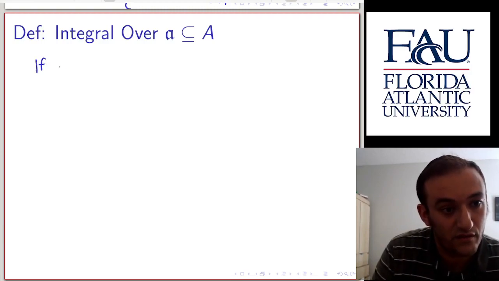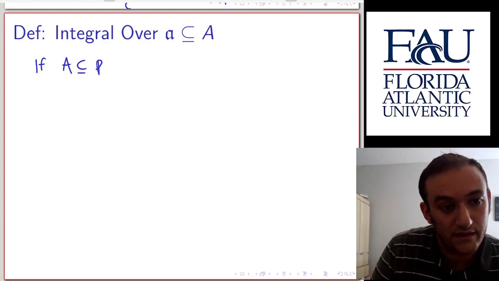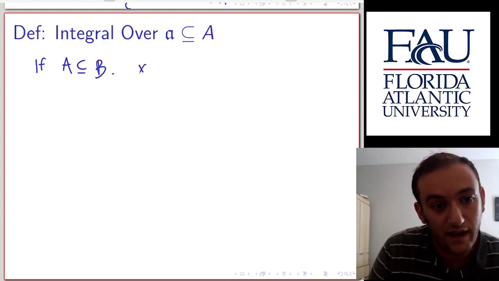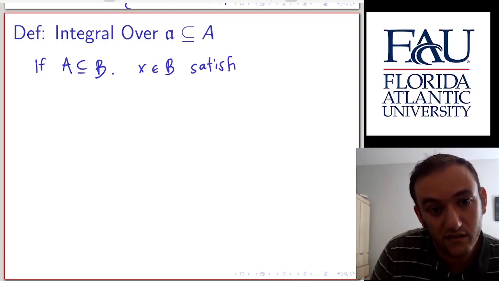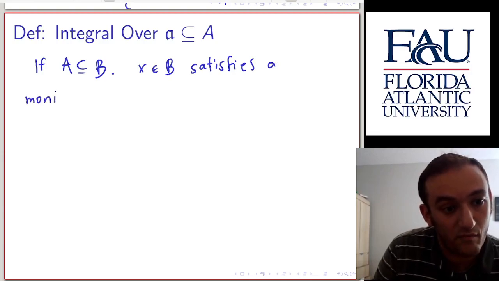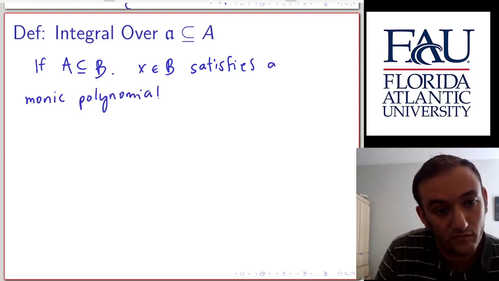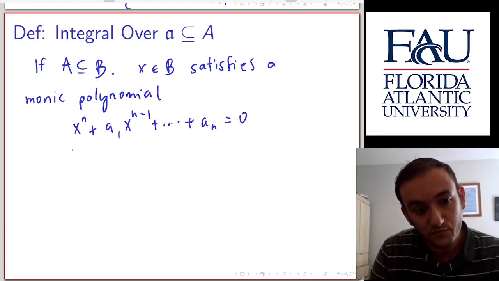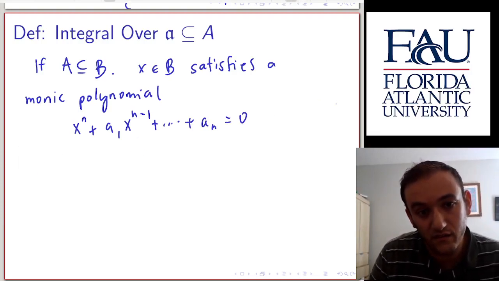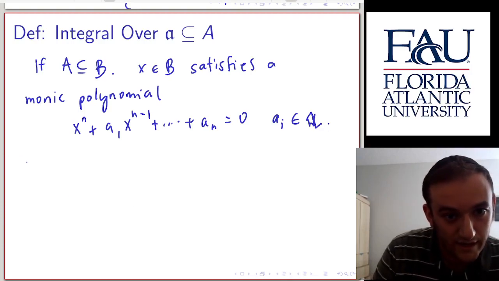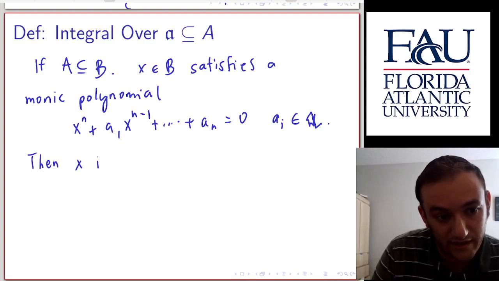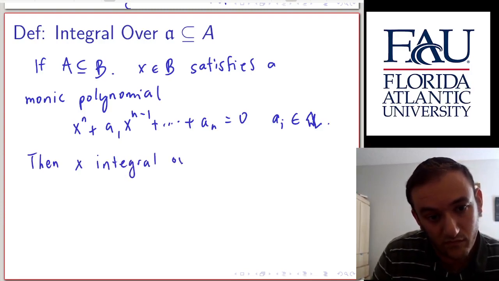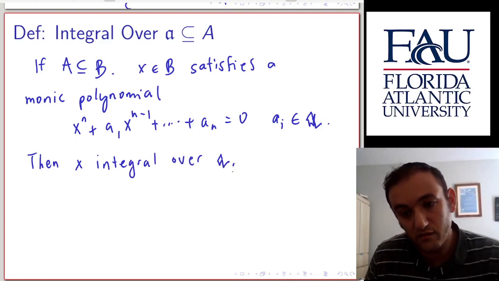Well, if A is in B and x in B satisfies a monic polynomial x to the n plus a1 x to the n minus 1 up to an equals 0, and all of the ai's are in the ideal A, then we say that x is integral over the ideal. It's a more restrictive condition than just being integral over the ring.